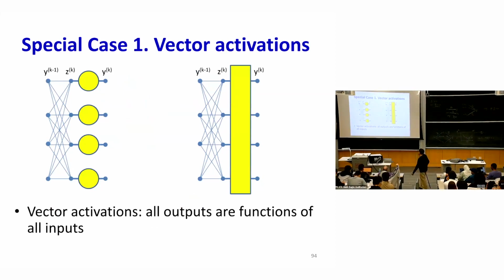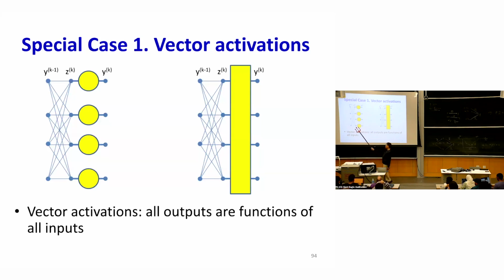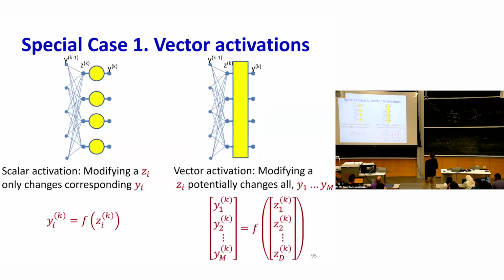Now, we have seen that in the way we've defined the network, modifying one affine value only modifies the corresponding output. But in the case of vector activations, we can have an activation where modifying one affine value changes all of the outputs. We looked at one particular example in the last class. Which was it? Softmax, right? And so here's what would happen.